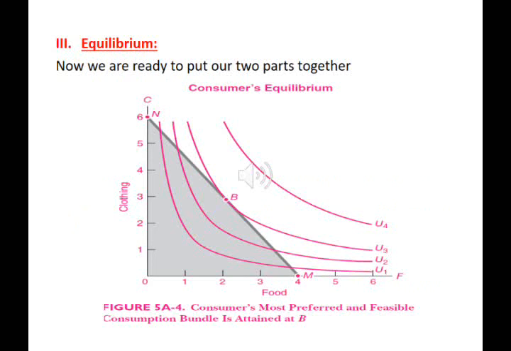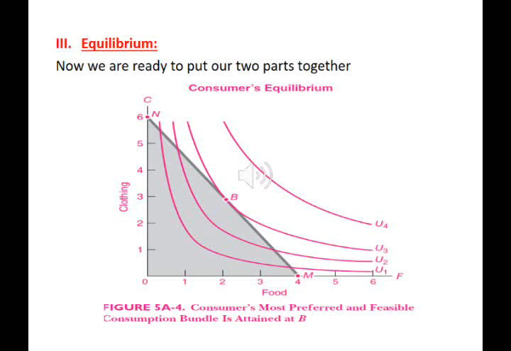Now we are in a situation where we are getting closer to our consumer's equilibrium. So we have 2 separate ingredients, which are our consumer's preferences in the form of a set of indifference curves, or what we call an indifference map. And we also have our consumer's budget line.